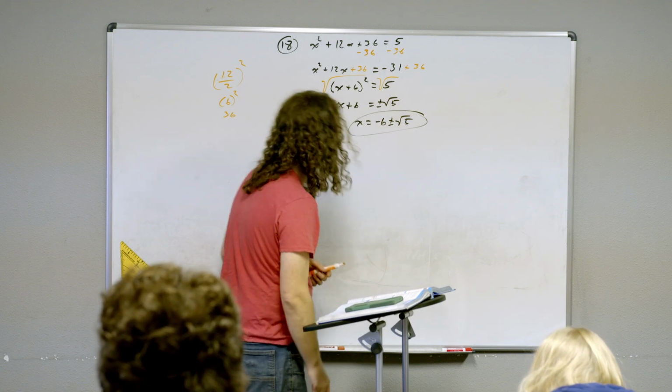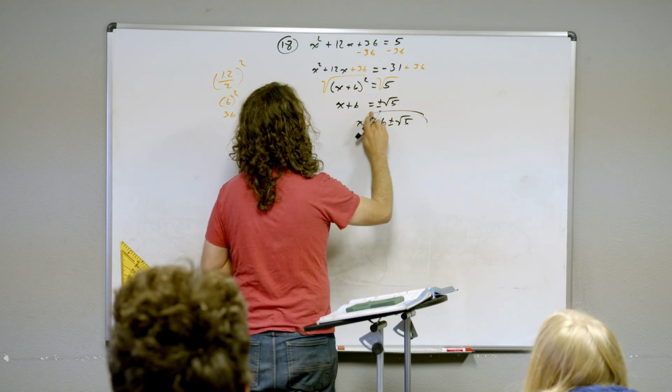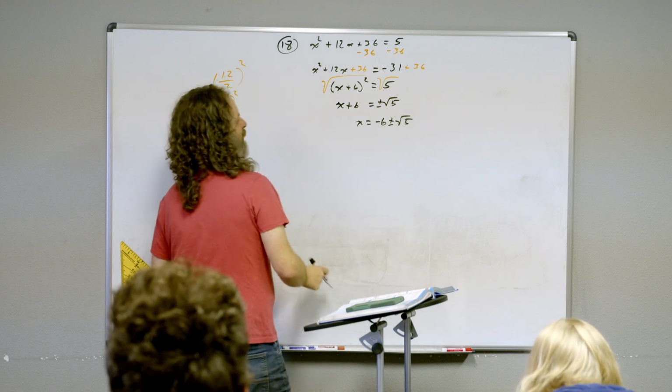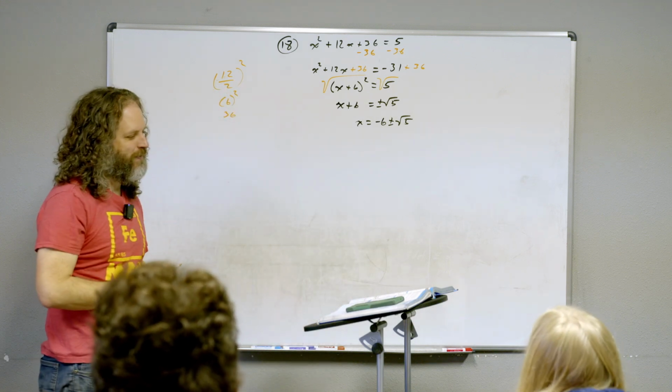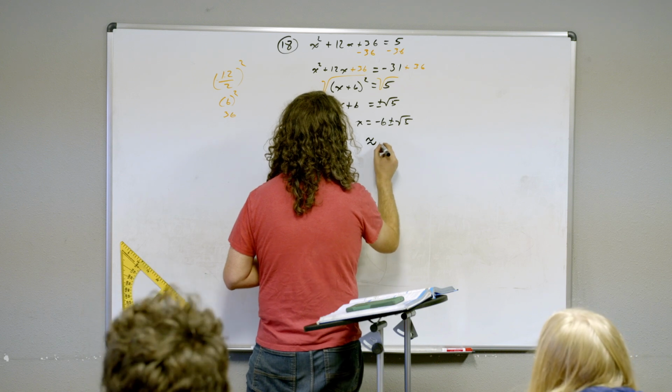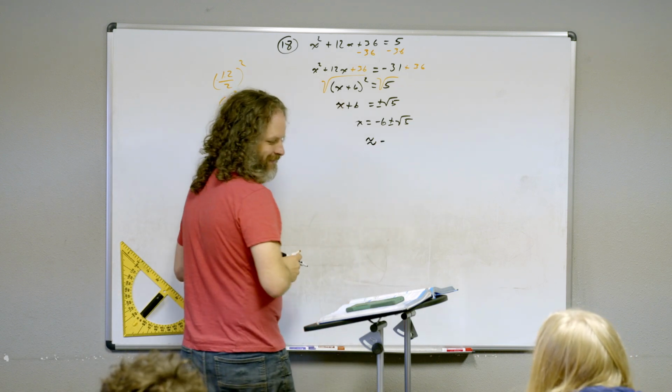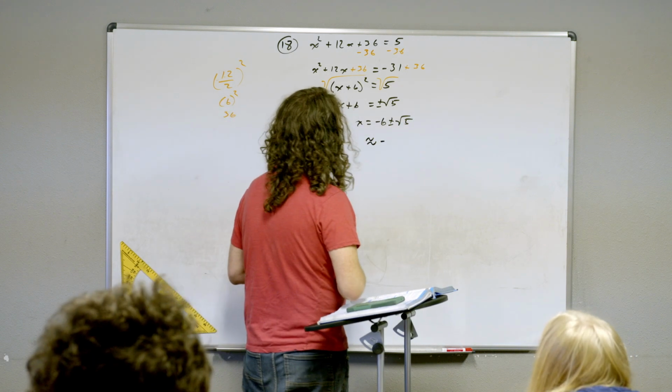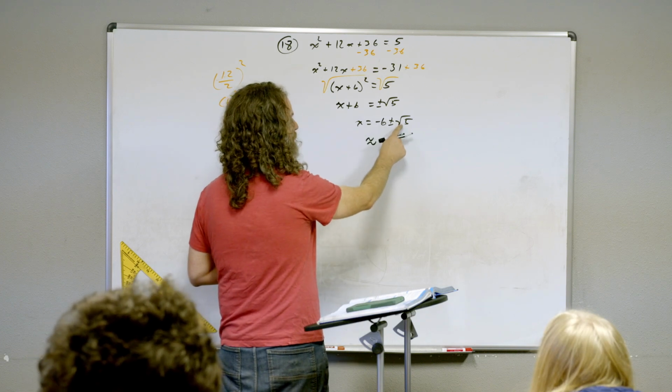What's negative 6 plus the square root of 5? You get negative 1. Definitely not. Wait, what did you say? Negative 6 plus the square root of 5.